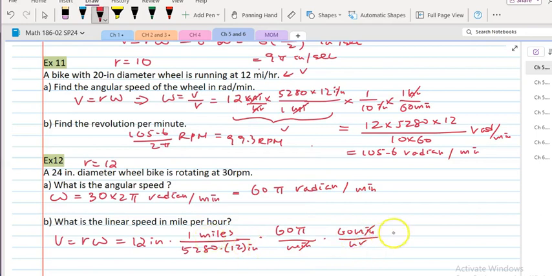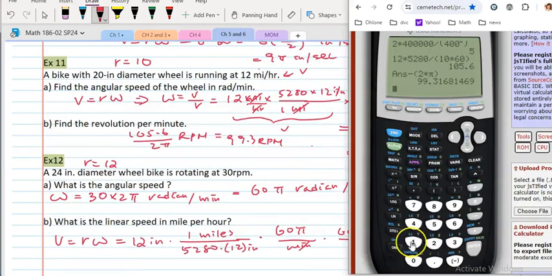So basically that's what you do. 12 times 60 pi times 60 over the bottom, 5280 times 12. So that would be the linear speed.